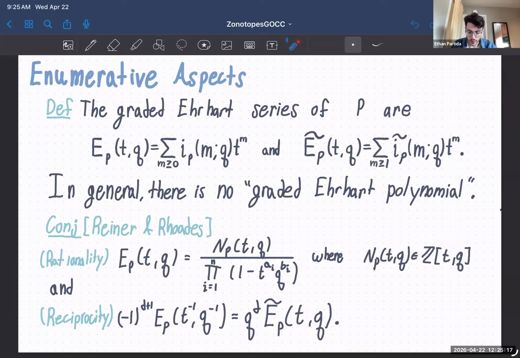And then you'll have some numerator with integer coefficients, possibly negative. It's fine, because there are examples where they are negative, so you have to allow that. And that these generating functions obey some sort of reciprocity type statement as well. An analogous reciprocity statement for the ordinary Ehrhart series will follow from the reciprocity for the Ehrhart polynomial that I told you in the beginning. So these are 2 conjectures on the Ehrhart series in a enumerative sense, which are conjectured to hold for any lattice polytope.